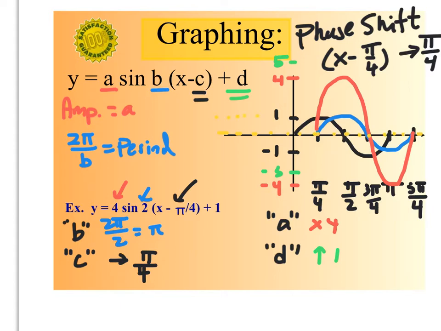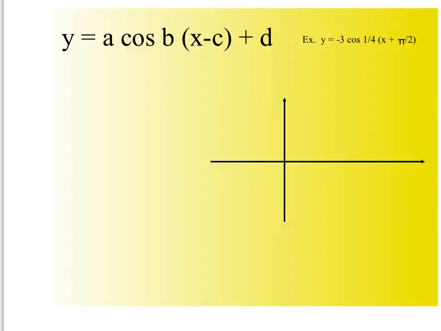I'm going to be shifting that up to 1. So our final graph will be shifted up here, and only go down to a minimum of negative 3. So that green function there, that's our new translated function.